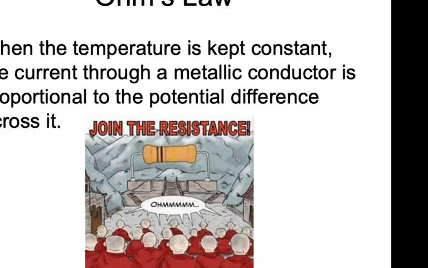Okay, so this is Ohm's law. When the temperature is kept constant, the current through a metallic conductor is proportional to the potential difference across it. So there are criteria for this. It needs to be a metal and it needs to be at a constant temperature.